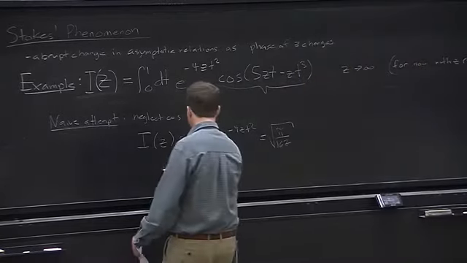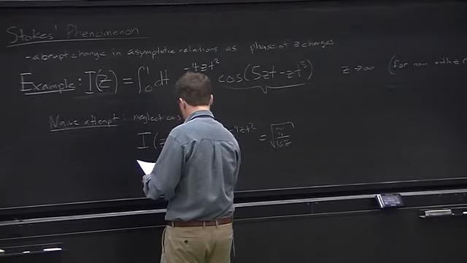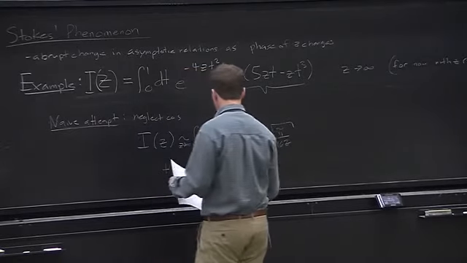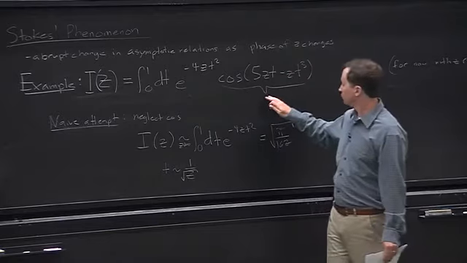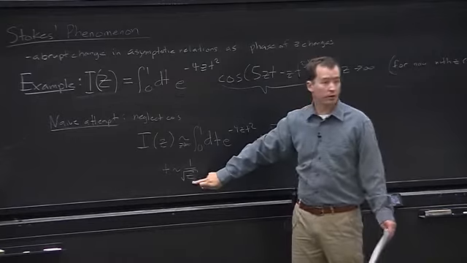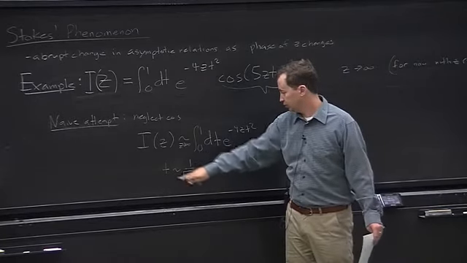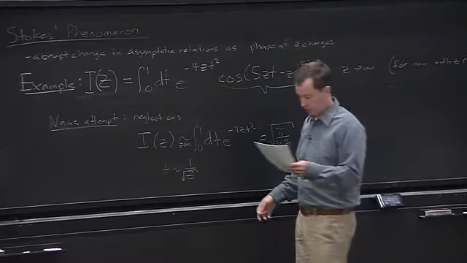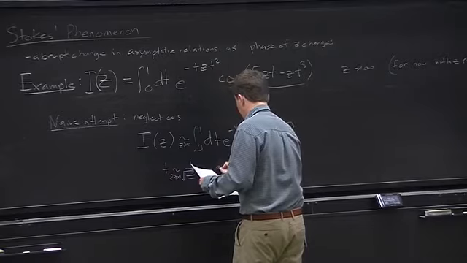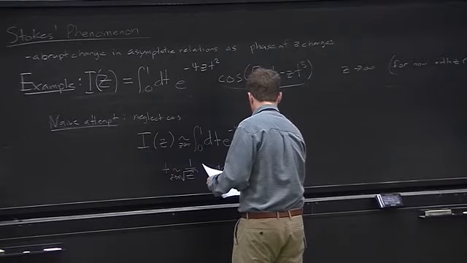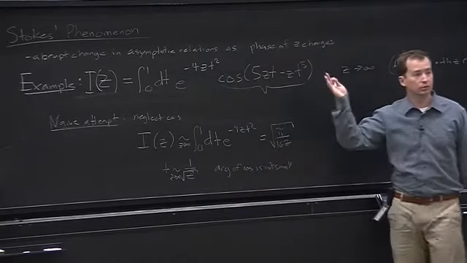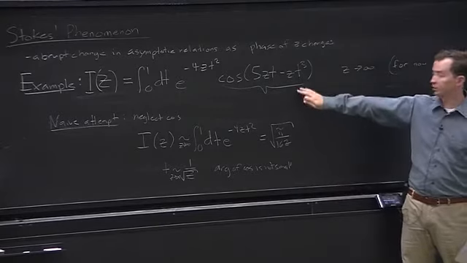In particular, when t is like 1 over root z, which it will be because we're integrating t from 0 to infinity, no matter how large z is there'll be some region where t is of this order as z goes to infinity. Then the argument of the cosine is not small, so this is oscillating very rapidly and leads to destructive interference.